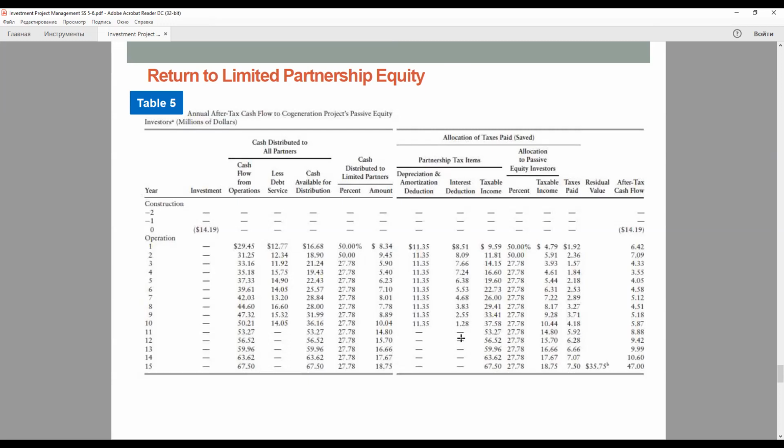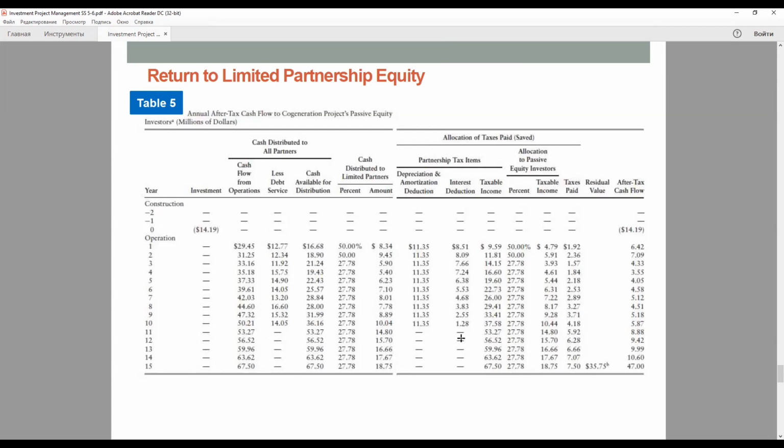The size of the cash distributions is not specified contractually. It depends on the profitability of the cogeneration project. The passive equity investors also receive their share of the tax benefits associated with project ownership, plus a share of the cogeneration project's residual value.